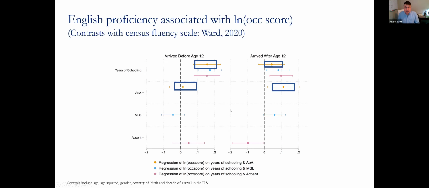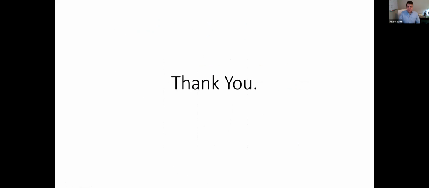So we can see that having a thicker accent means that you're going to be earning less, and having a greater lexical complexity means that you're earning more. So that's the spiel of how we can connect people across data sets as well as flesh out other variables that are crude in the censuses over time. So thank you.